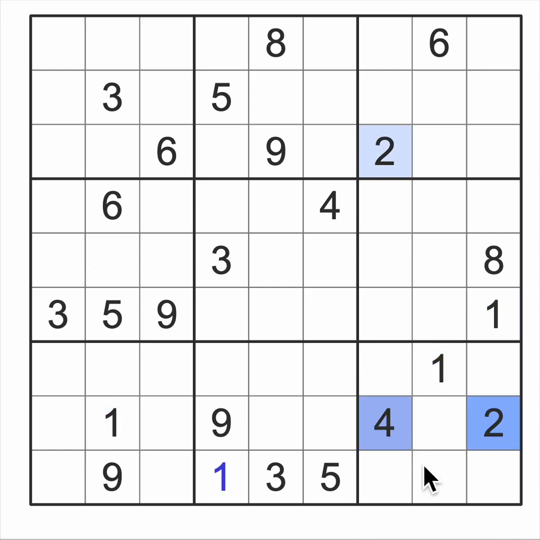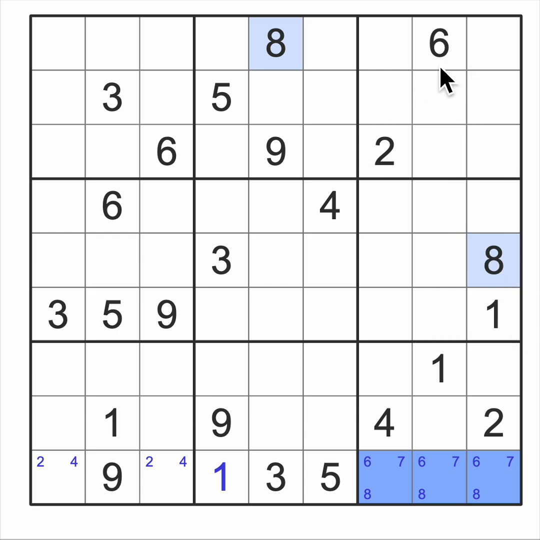Box 9 has 2 and 4 here, which have not been placed on row 9. Because I cannot use these cells for 2 and 4 since they are in the same box, 2 and 4 have to be placed in these two cells. And this 2, 4 double gives me 3 numbers I can use for these 3 cells, which are 6, 7, and 8.